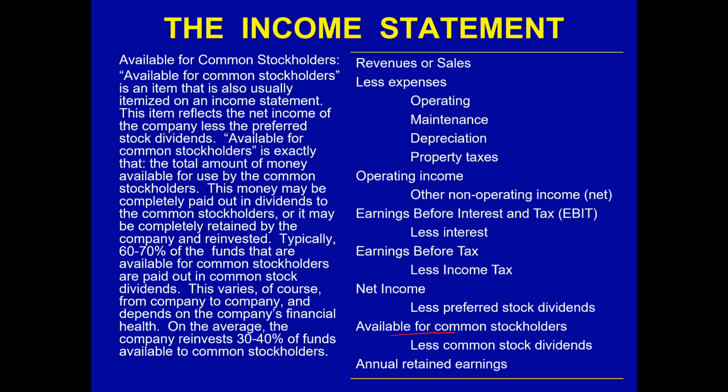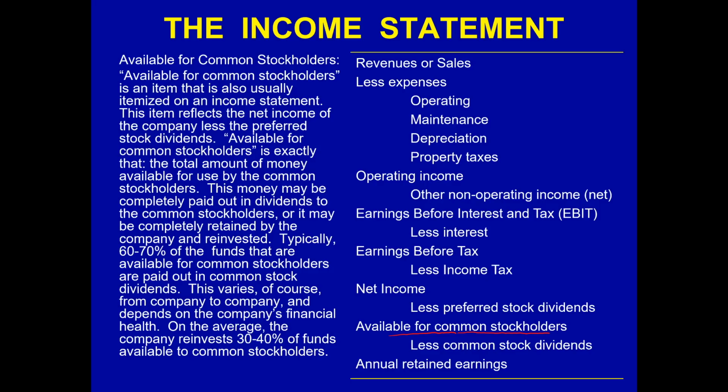Available for common stockholders is an item that is also usually itemized on an income statement. This item reflects the net income of the company less the preferred stock dividends. Available for common stockholders is exactly that, the total amount of money available for use by the common stockholders.